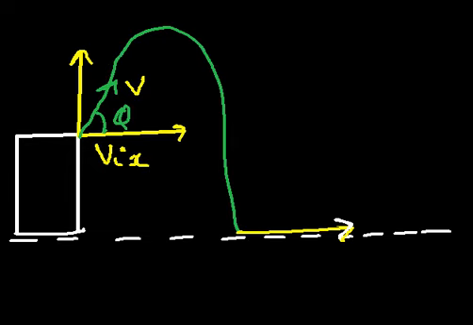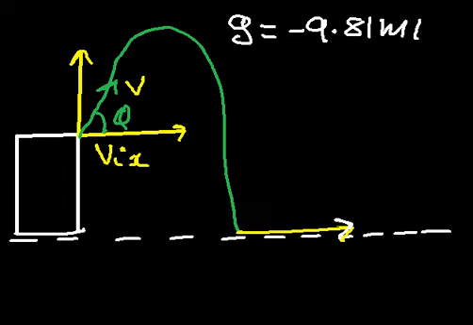Now let's think of analyzing the motion of the object, in this case of the projectile motion, along the y-axis. You have to understand that along the y-axis, acceleration due to gravity is given as negative 9.81 meters per second squared.